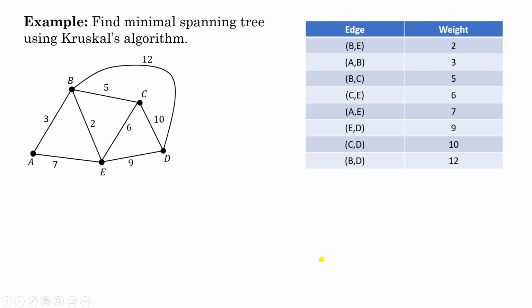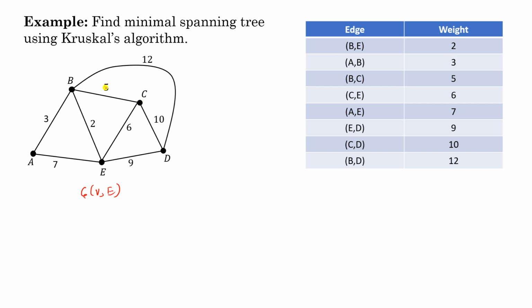Now we go for one example. Here this graph is G(V, E) and we have to find a minimal spanning tree in this graph using Kruskal's algorithm. First, we have to arrange all these edges in increasing order of their weight. We start with the minimum weight 2, edge BE. The second one is AB, the weight is 3.